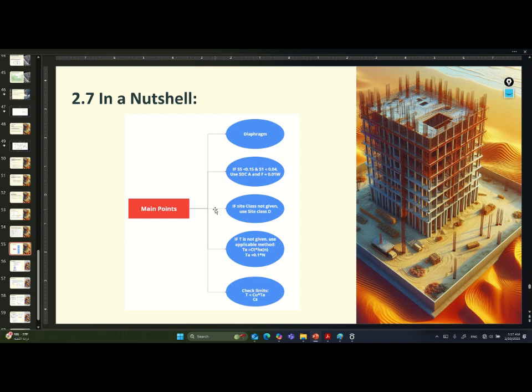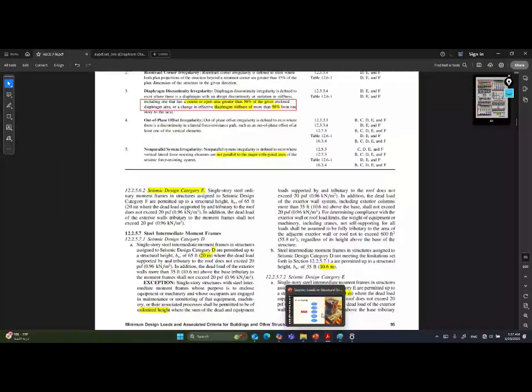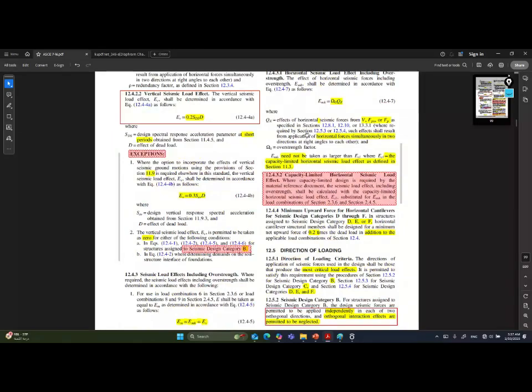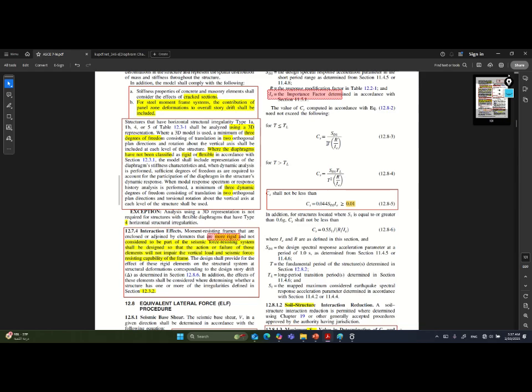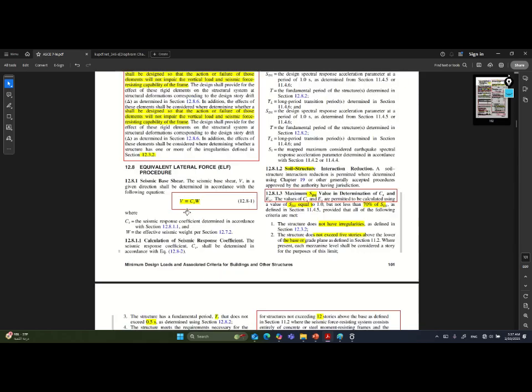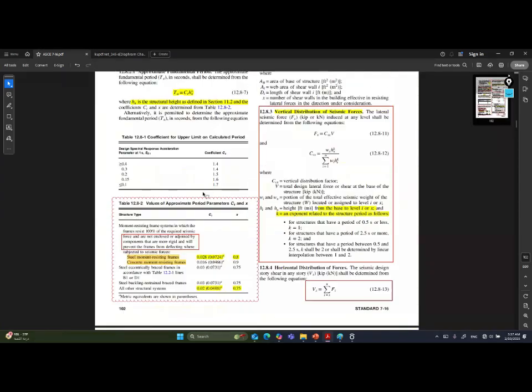When he gives you a question in the exam, you need to check the limits. In the case where he gives me the fundamental period for the structure and I shall calculate the force, like in this part, 12.8 I think, yes, that is the one, I need to check the limits. He gives me the time period, but I need to check that the time period of the structure is lesser than the Cu in this part.